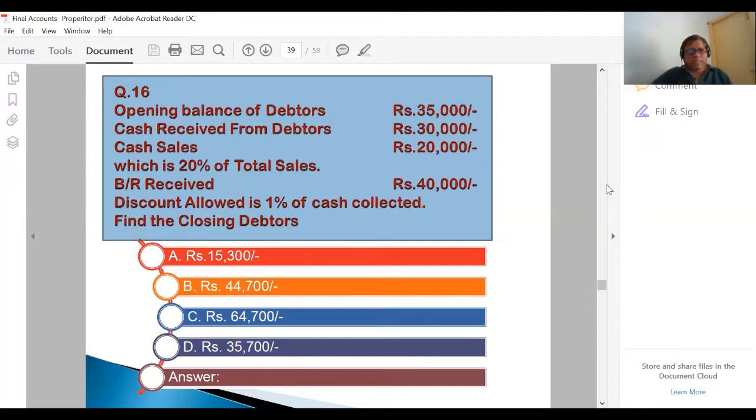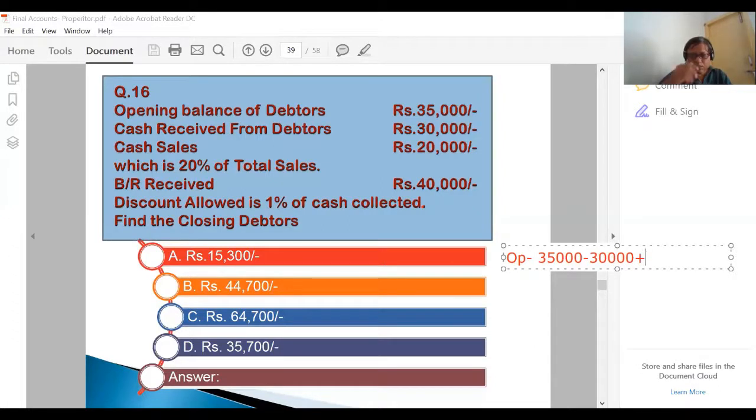How to do that? Opening debtor, how much? 35,000 minus cash received 30,000 plus credit sales.